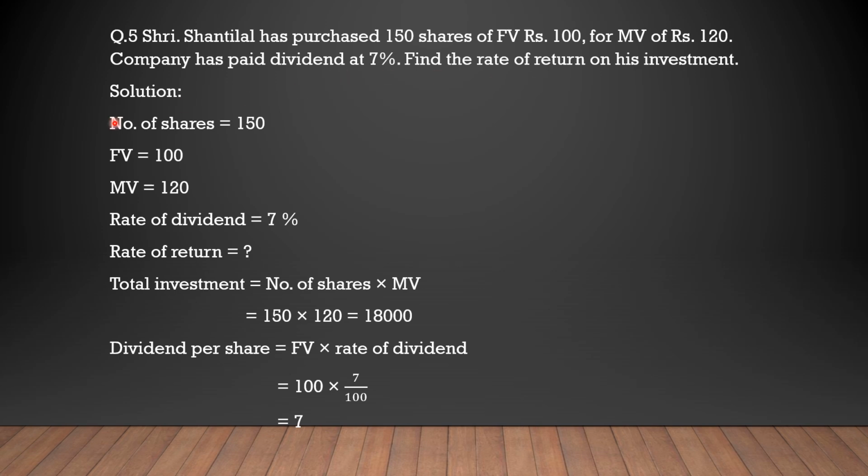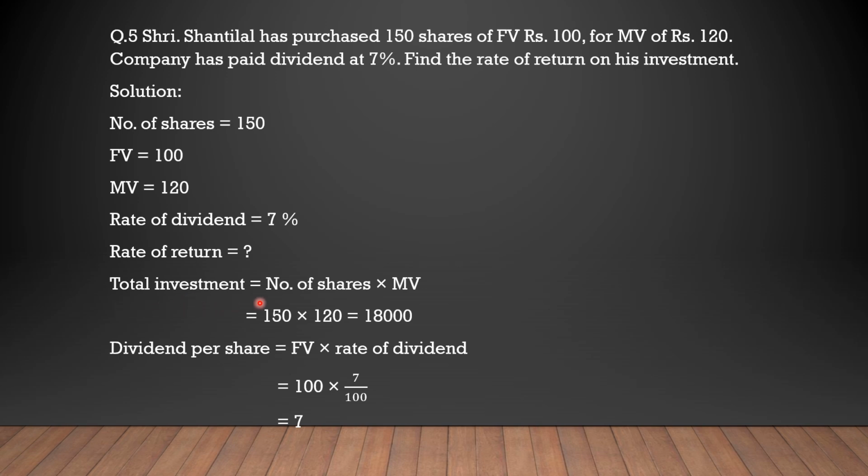So given is number of shares is equal to 150. FV, face value, is equal to 100 and market value is equal to 120. Then rate of dividend is equal to 7% and we have to find rate of return. So first we find total investment.